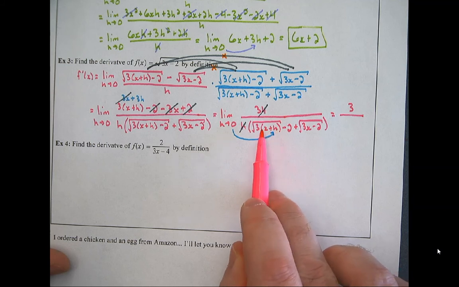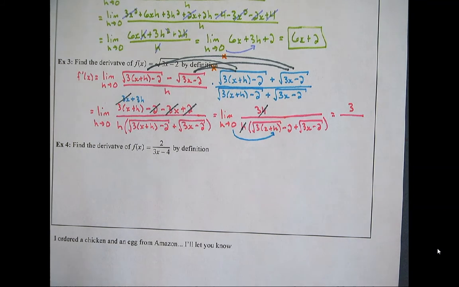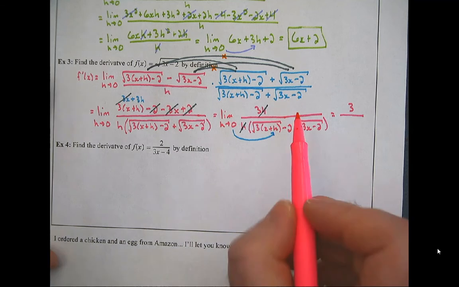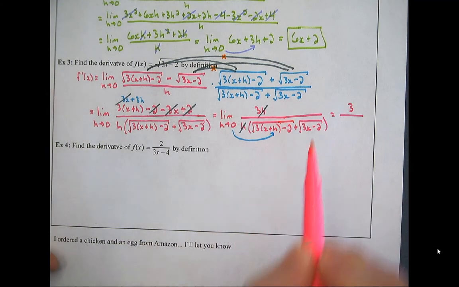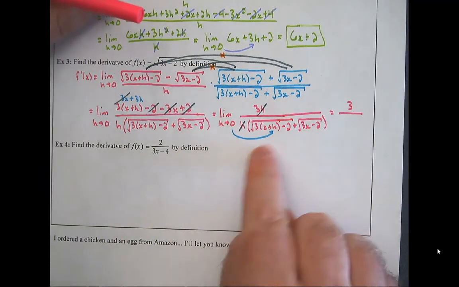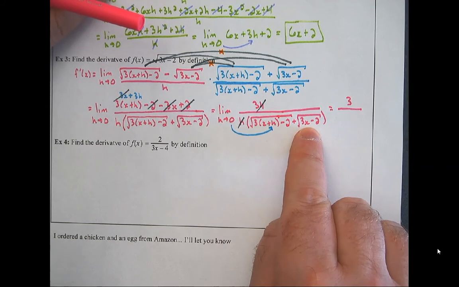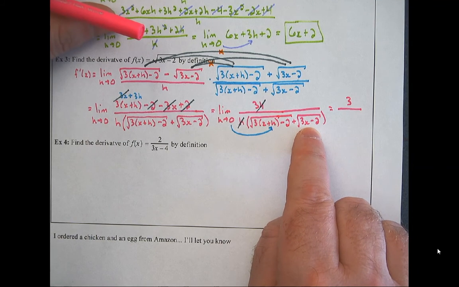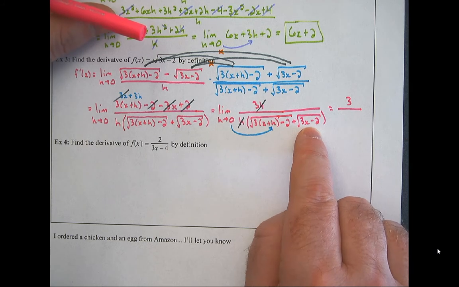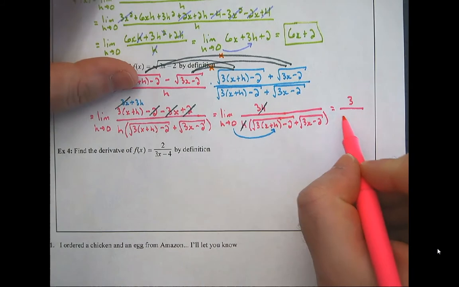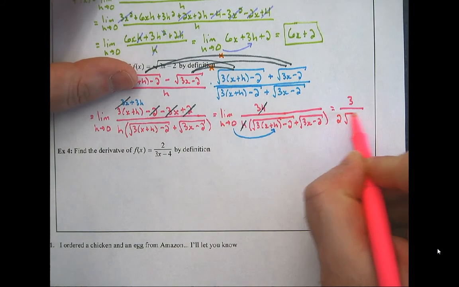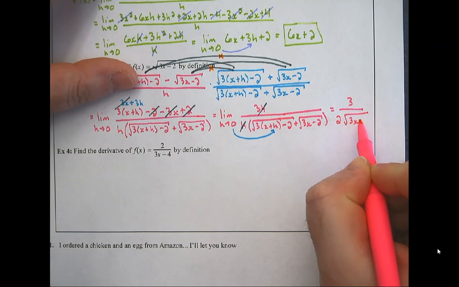This would become 3x. I didn't extend my root long enough. Sorry, I want to fix that. That goes over the whole thing. So when I put the 0 in here, I would get 3x minus 2. This root is also 3x minus 2. So what's root 3x minus 2 plus root 3x minus 2? It is 2 root 3x minus 2.